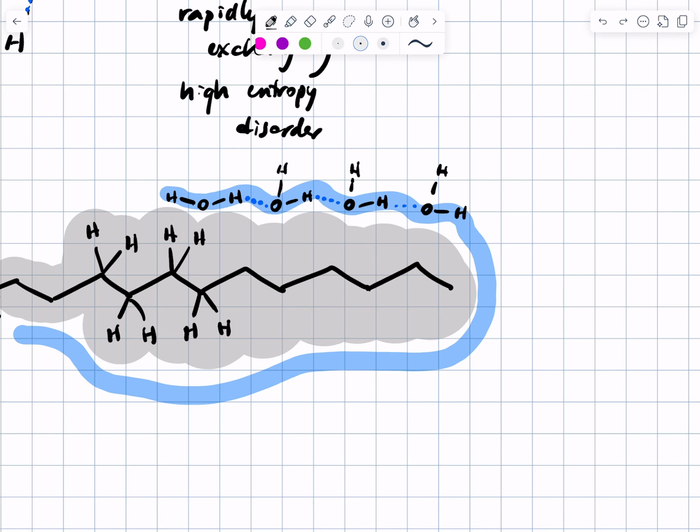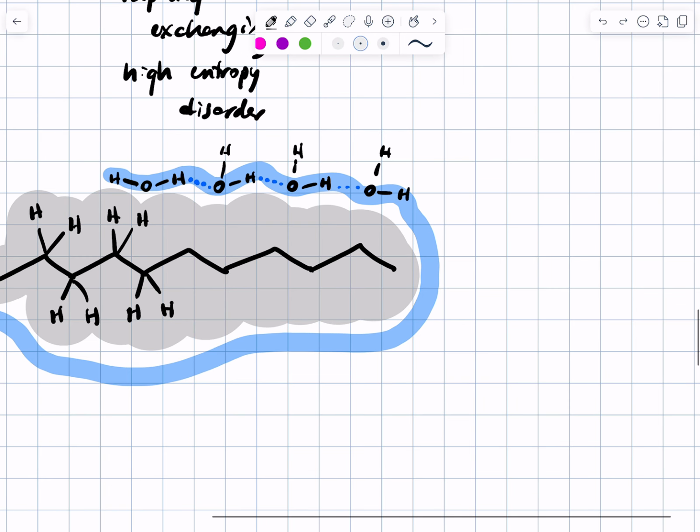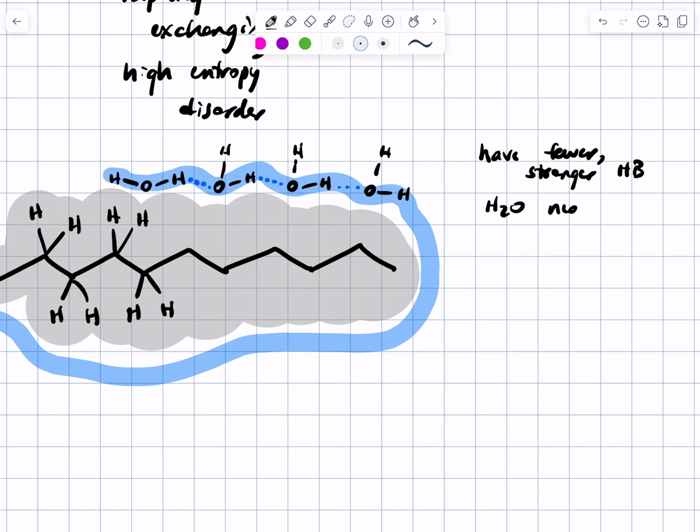So because the oil molecule can't hydrogen bond with water, the water molecules nearest the oil have fewer but stronger hydrogen bonds. This causes the water molecules near the nonpolar surface area of the oil to slow down.